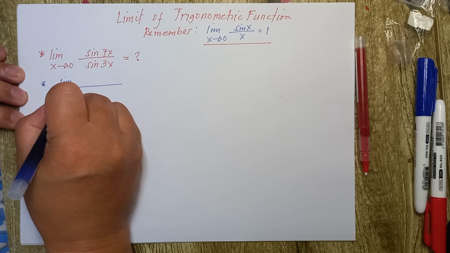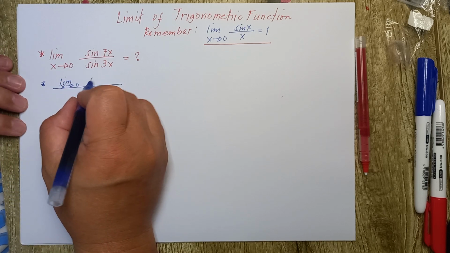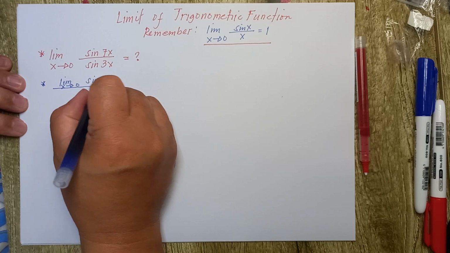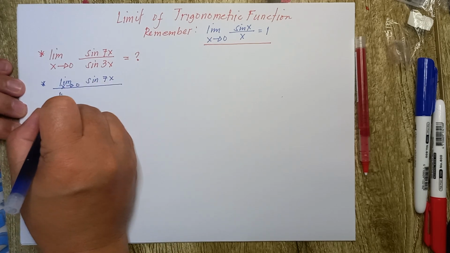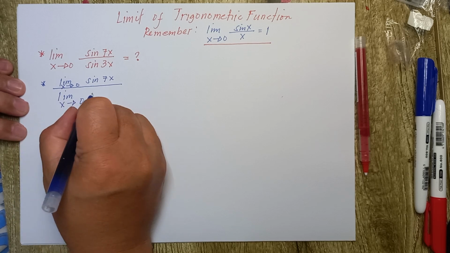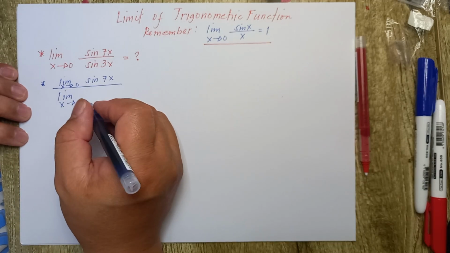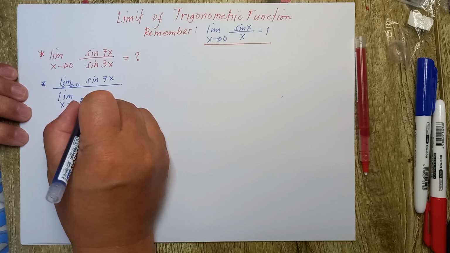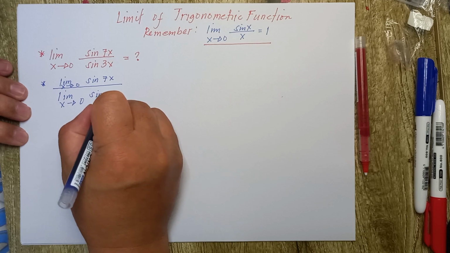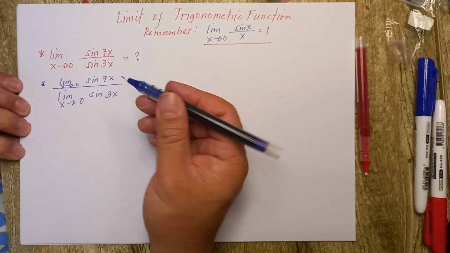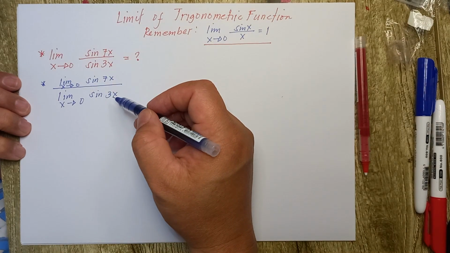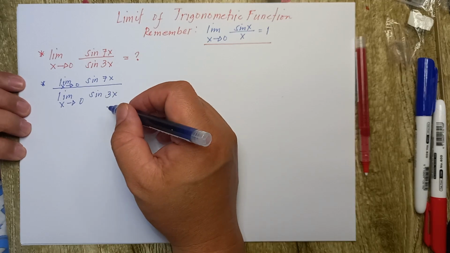as x approaches 0 of sine 7x over the limit as x approaches 0 of sine 3x. With that, we can apply this separately to the numerator and the denominator, each with its own multiplier.